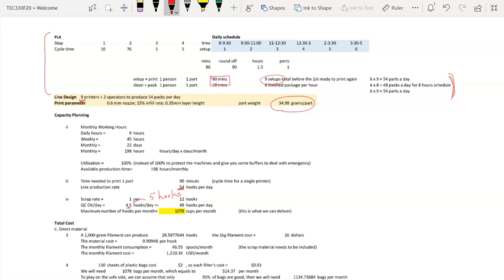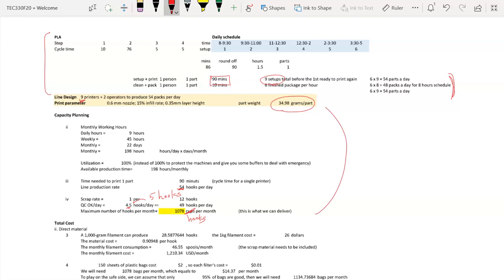Some of these are manually calculated. But once you have that, 49 times 22, that's the total amount of hooks per month you can produce with this setup.